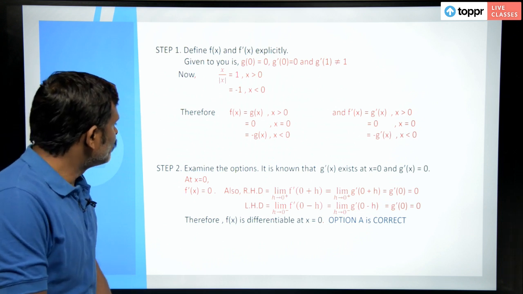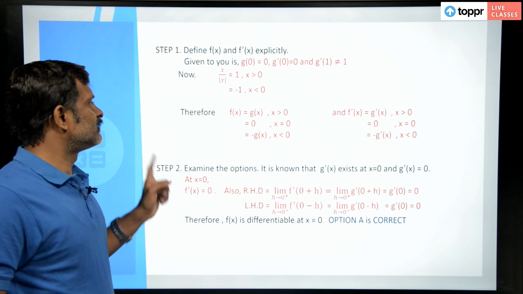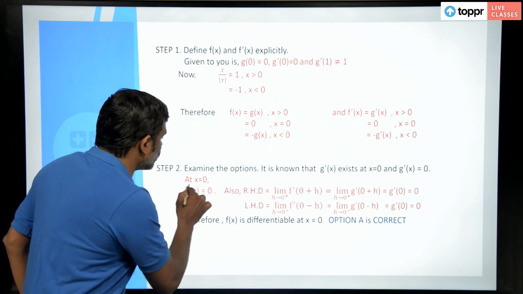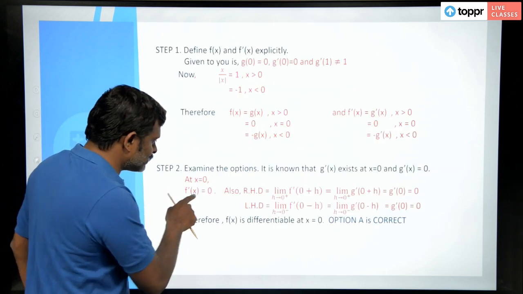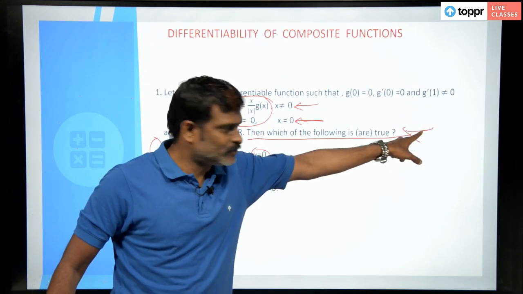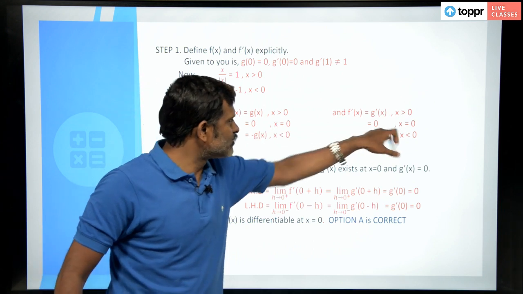Now, what we will see is whether g dash x exists at x equal to 0. At x equal to 0, we are going to check what is happening for f dash x. So, f dash x is equal to 0 when x is equal to 0, right.